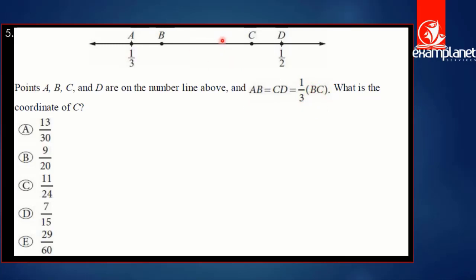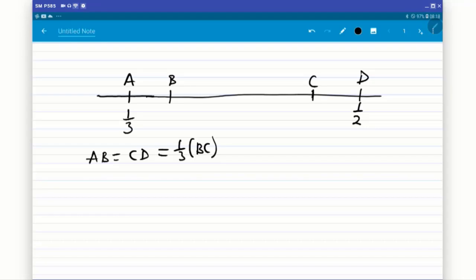Alright? So now, what will be the solution to this? Let's look at the question. AB is equal to CD is equal to 1/3 of BC. Like I said, it means AB is the same as CD, and 1/3 of BC means we need to divide our BC into 3 equal parts. What does that mean? You can do something like this.